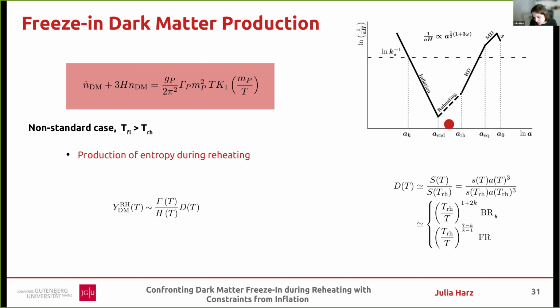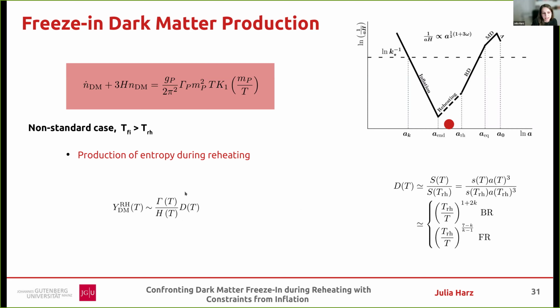And then it depends on whether I have bosonic or fermionic reheating, and on the potential, if it's phi to the k with k equals 2 or 4. You see already, if you plug in numbers, for k equals 2 the dilution factor is the same. For k equals 4, you have a larger dilution for the bosonic reheating than the fermionic reheating. So this is one effect: we dilute the dark matter yield.